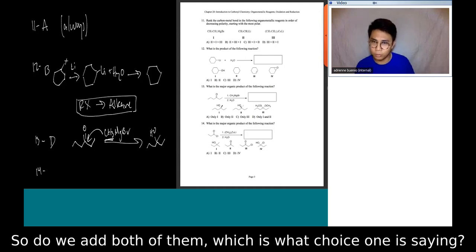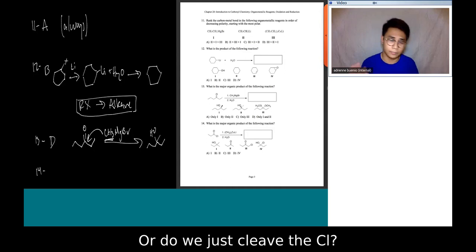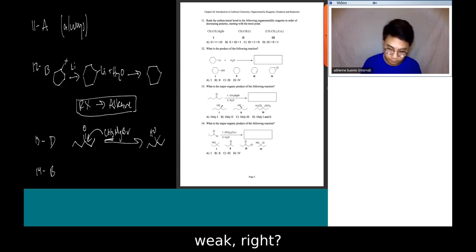So do we add both of them, which is what choice 1 is saying, or do we add one of them, or do we just cleave the Cl? So this one is also B, because organocuprates, again, they're weak, right?